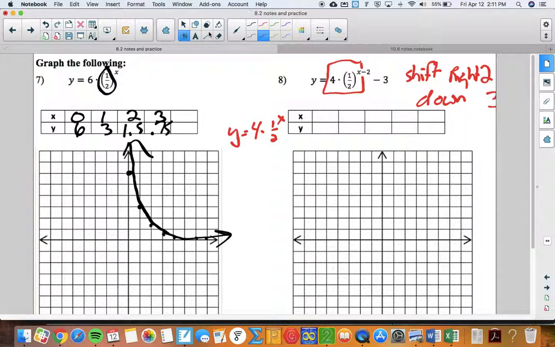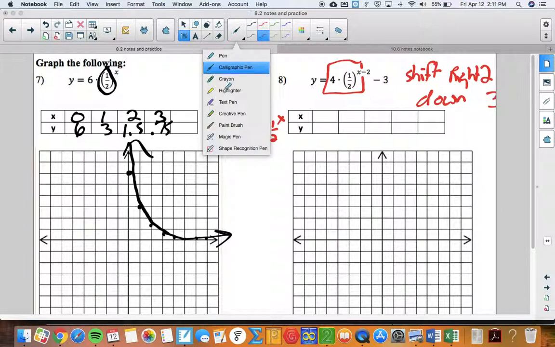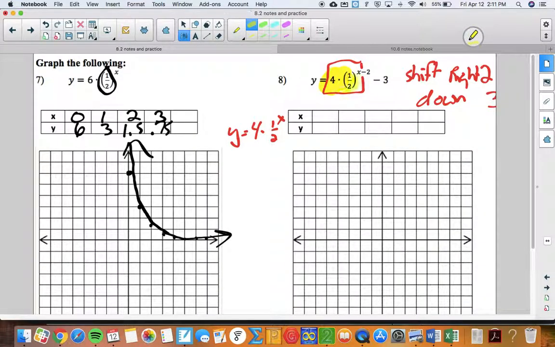So when I just do this portion right here, when I plug in 0, I get 4, 1 is 2, 2 is 1, 3 is 0.5.